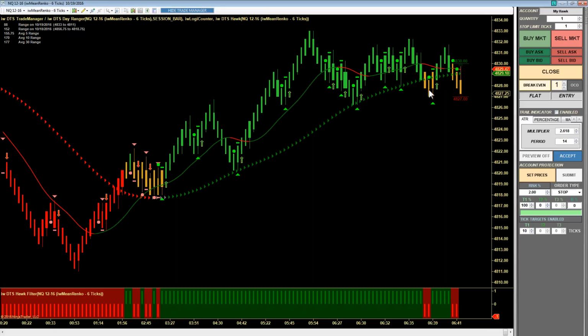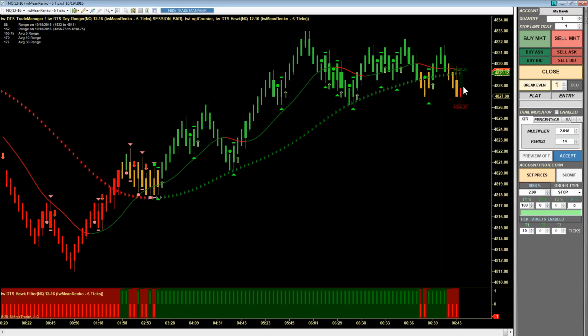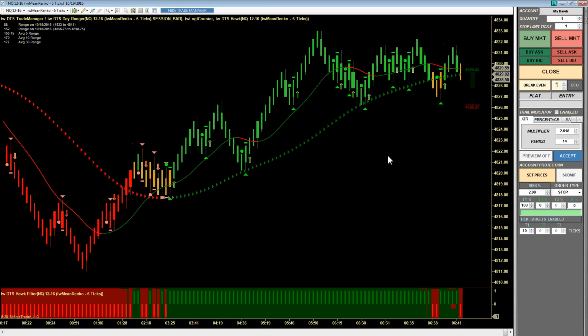And what you're looking for are these clusters of yellow bars. When we get these clusters of yellow bars, especially when they start printing on more or less the same price level, that tells you that we may be entering a period of congestion.